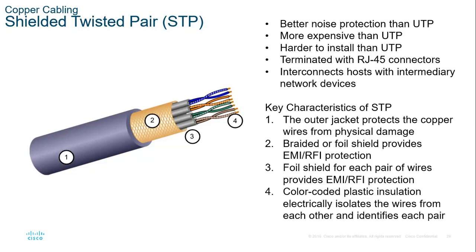Then the total of 4 plus 2, 8 wires is shielded with an outer jacket. Then another outer jacket is also there. So there are 3 jackets over the wires. So it is more expensive than UTP.